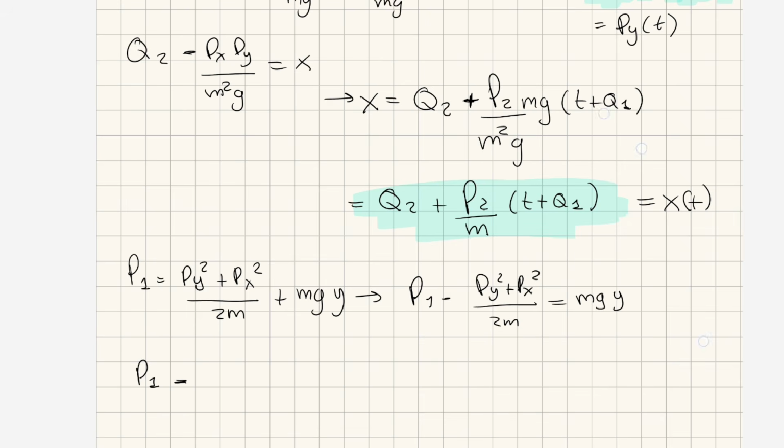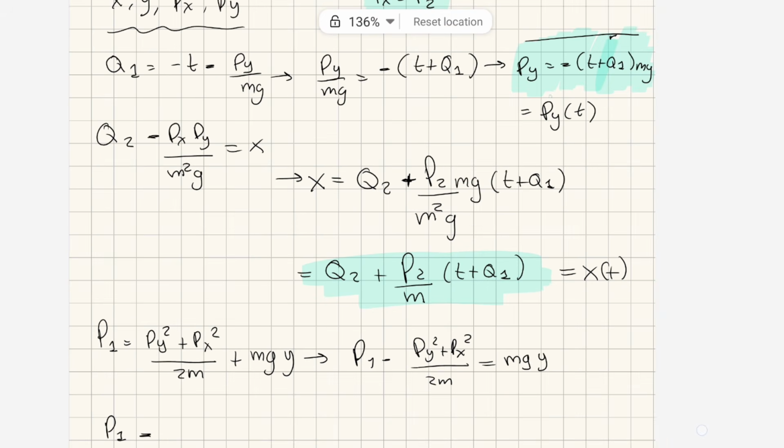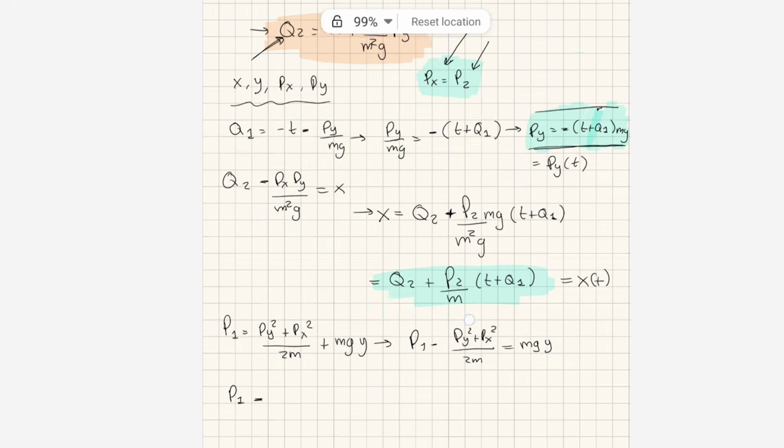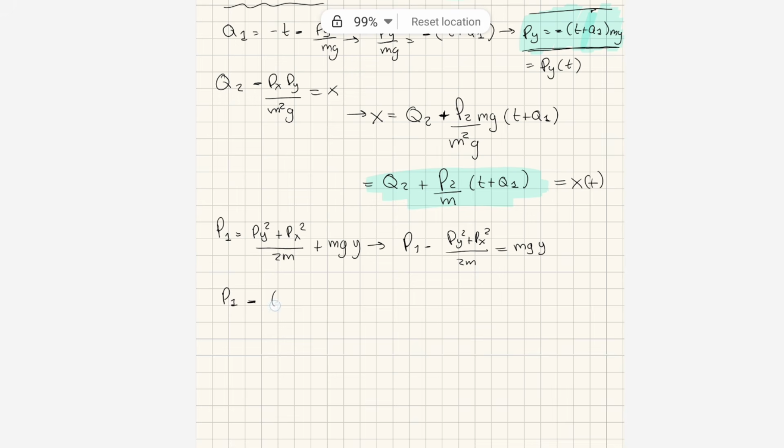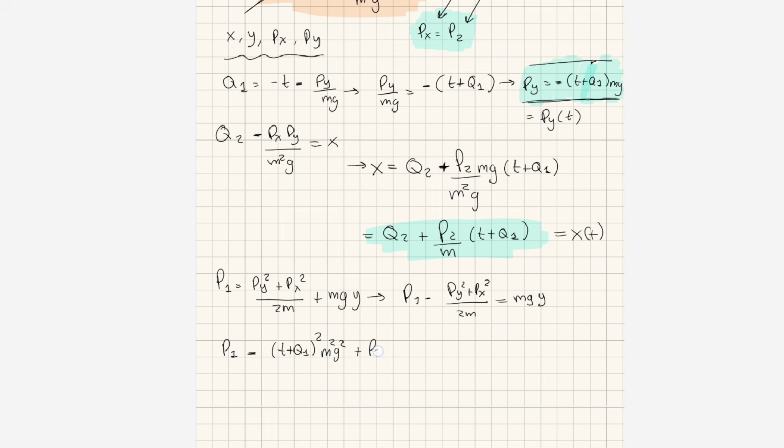What is py squared? Well, it will be this thing squared, so it will be equivalent to write the next, t plus q1 squared m squared g squared, and then plus px squared, but px is p2, so p2 squared. Okay, all this is divided by 2m, and this is equal to mgy.